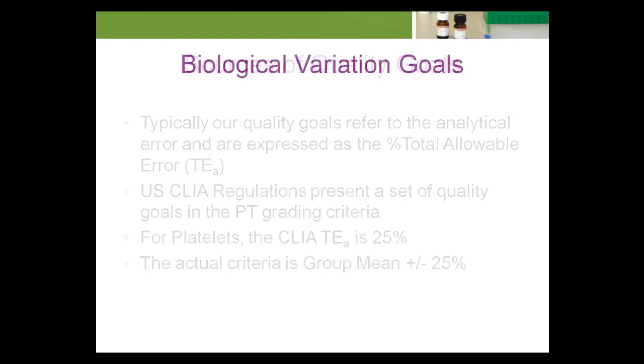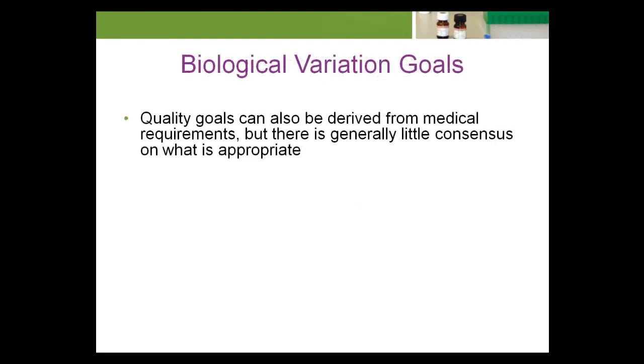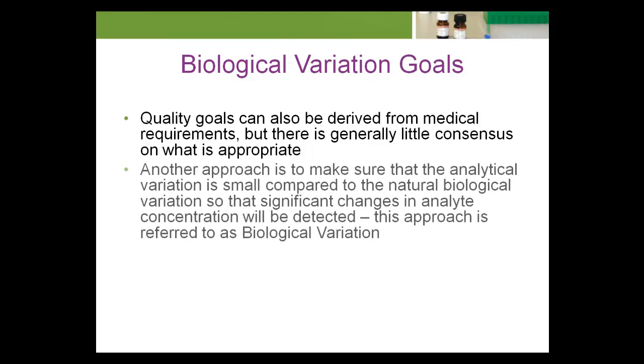One of the deficiencies of most quality specifications derived from regulatory bodies is that there's little science behind the specification. Why is the US CLIA value 25%? Why not 24%? A more scientifically sound approach is to derive quality specifications from medical requirements.